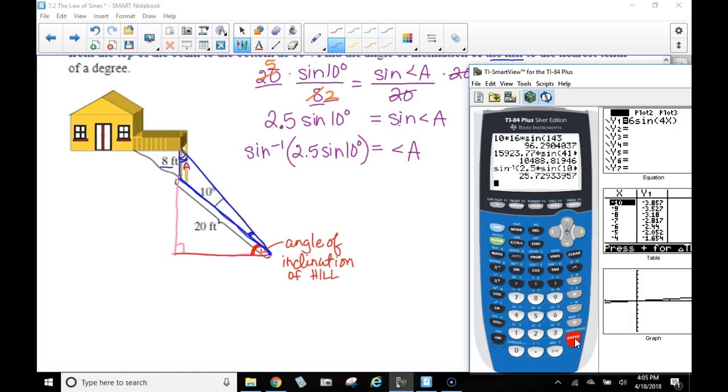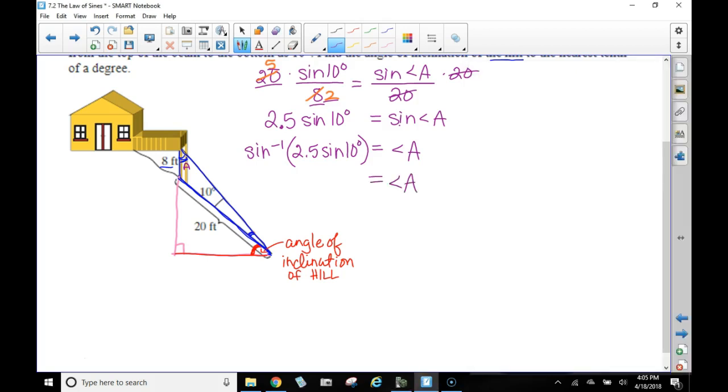And that angle, angle A, is 25.73. That looks pretty good. This angle right here is 25.73.